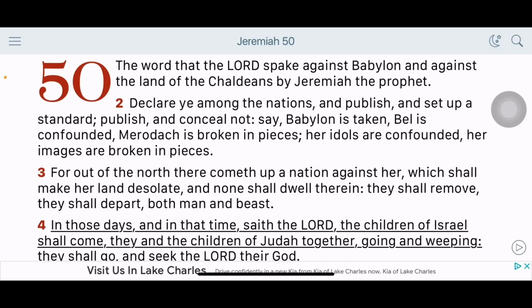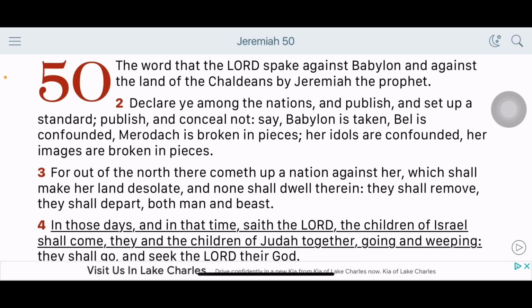Say, Babylon is taken, Baal is confounded, Merodach is broken in pieces, her idols are confounded, her images are broken in pieces. For out of the north there cometh up a nation against her, which shall make her land desolate, and none shall dwell therein.